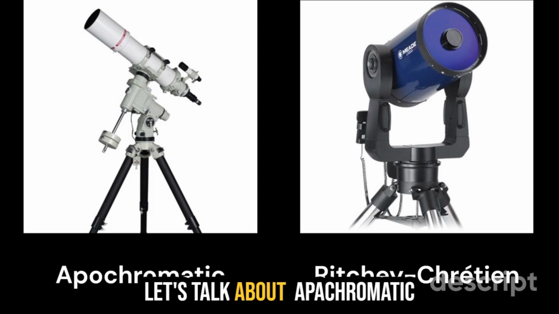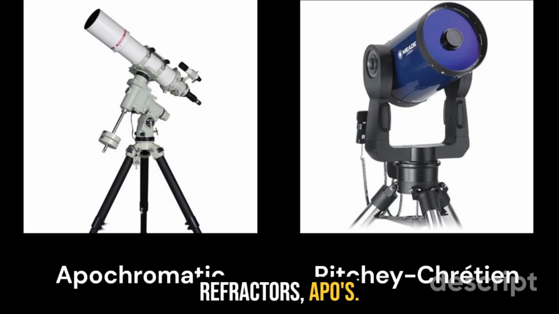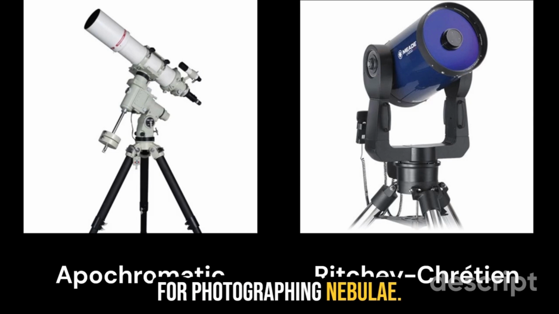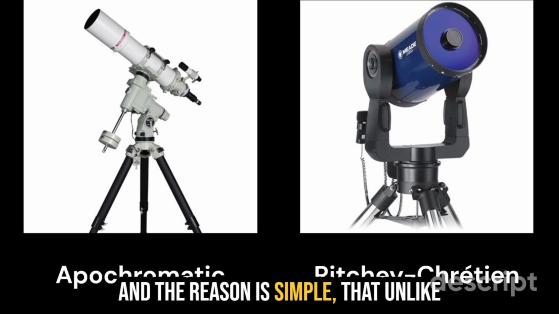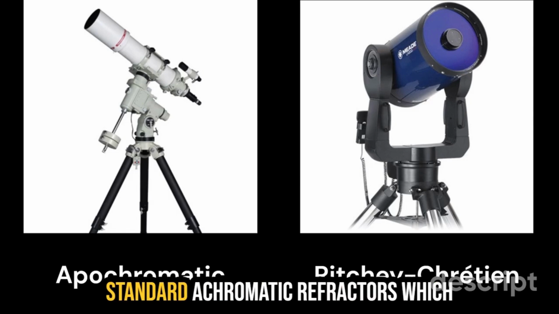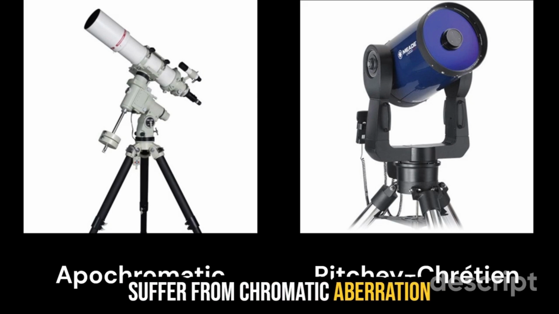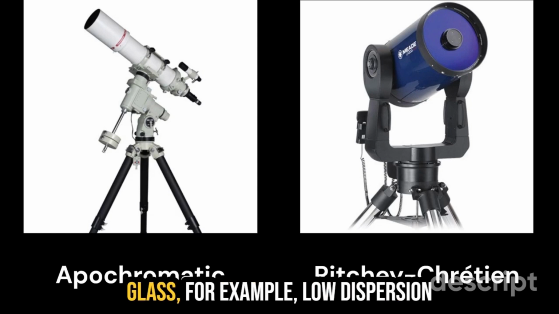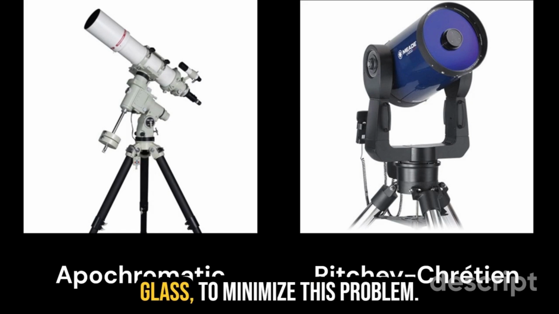Let's talk about apochromatic refractors, APOs. APOs are highly regarded for astrophotography, especially for photographing nebulae. And the reason is simple, that unlike standard achromatic refractors, which suffer from chromatic aberration or color fringing, APOs use special glass, for example, low dispersion glass, to minimize this problem.